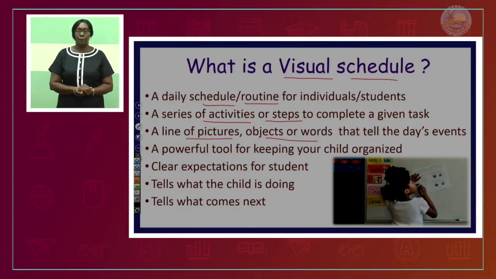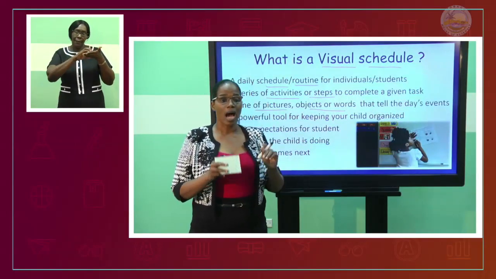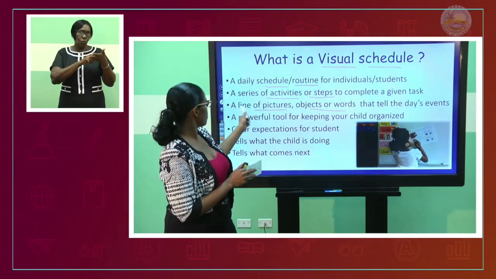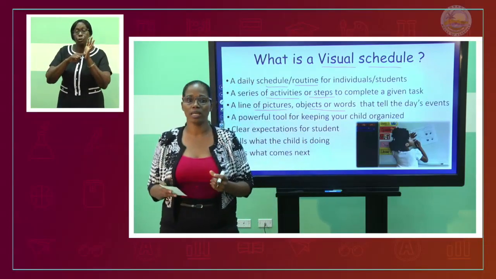It's a line of pictures, objects, or words that tells the day's events. So you would have a picture depicting reading. You would have the task card depicting the word reading, and you would also have objects for some students who may be visually impaired.